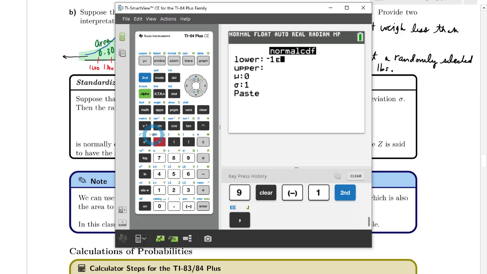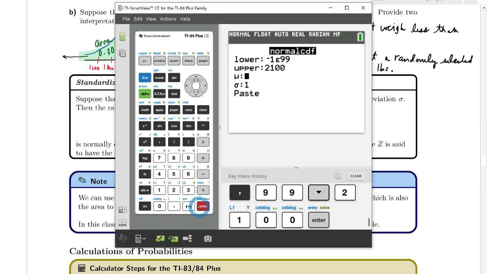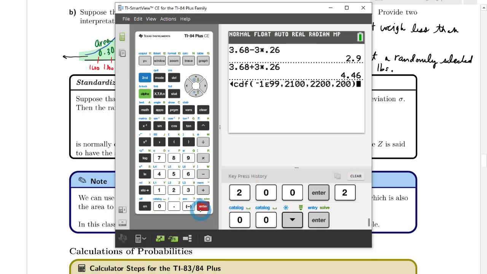Where does it stop? Well, I wanted to know 2100 or less, right? I was told that the mean weight was 2200 and the standard deviation was 200. And you'll go ahead and paste. Notice it takes you to the home screen, hit enter, and it says 0.3085.